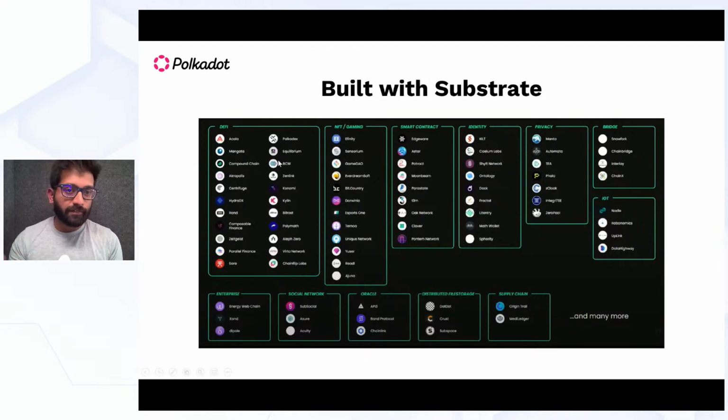Here we have plenty of applications that were built on Substrate. If you ever want to get started with any of these, like DeFi, NFTs, smart contracts, identity, etc., take a look at the projects that are already out there. Their code base and features are going to give you a good insight into where exactly people are in terms of implementing features and functionalities.